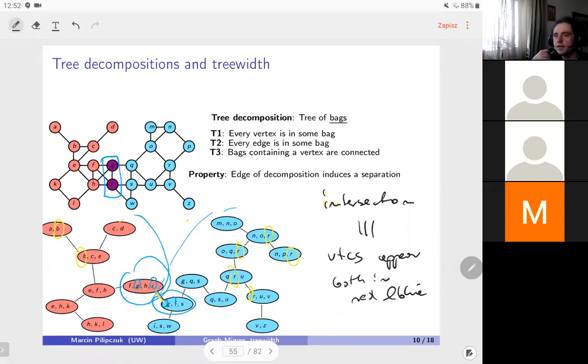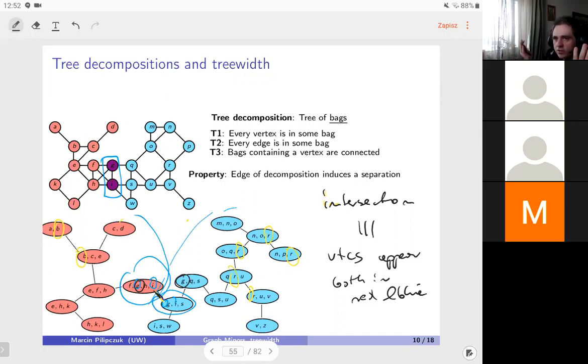Because every vertex appears in a connected set of bags in the tree decomposition, whenever somebody appears in both red and blue, it needs to appear on both endpoints of this edge, because it needs to appear on a connected part of the decomposition. So the intersection of these 2 bags is exactly the set of vertices that appear both in red and in blue bags. And a vertex that appears only in red cannot have an edge to a vertex that appears only in blue.